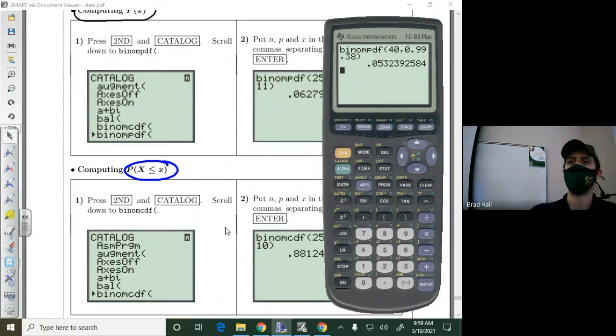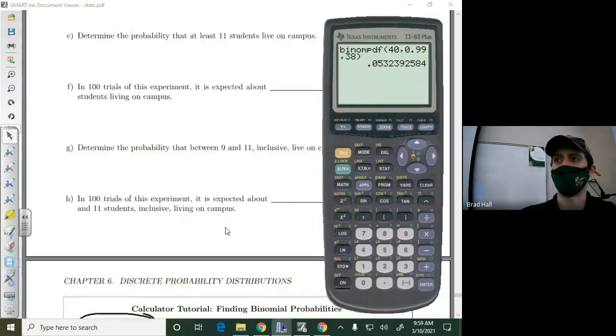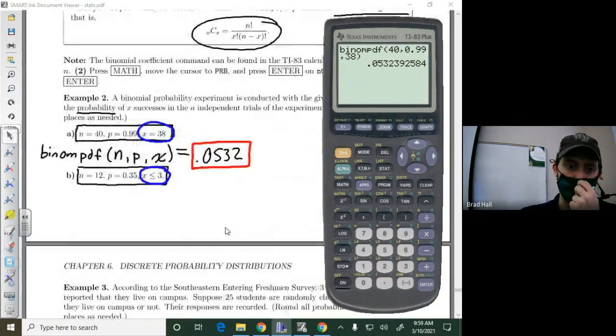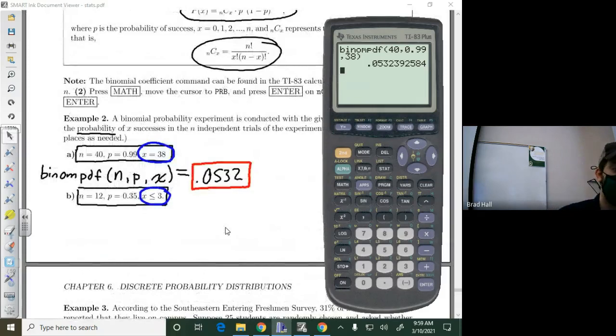We're going to treat it almost exactly the same way, but instead of binomial PDF, we're going to use binomial CDF. Binomial CDF with the same parameters.